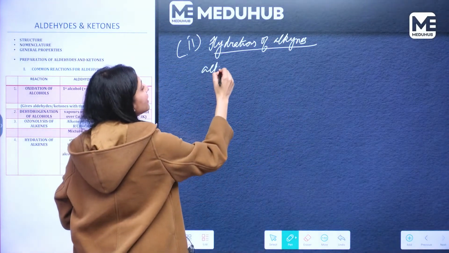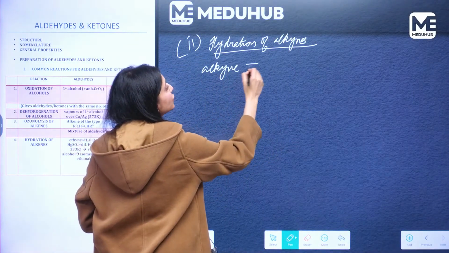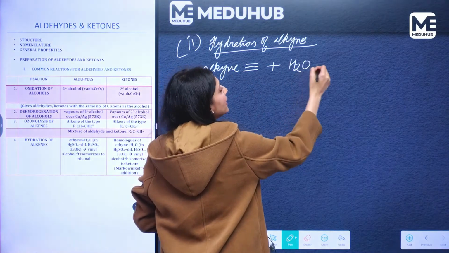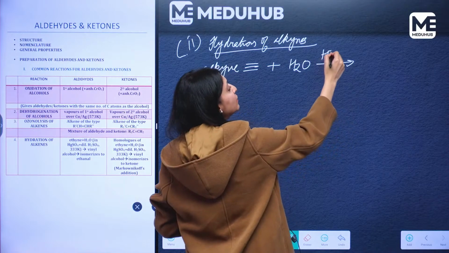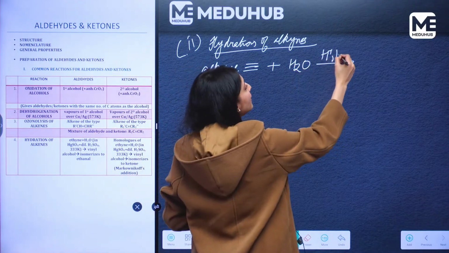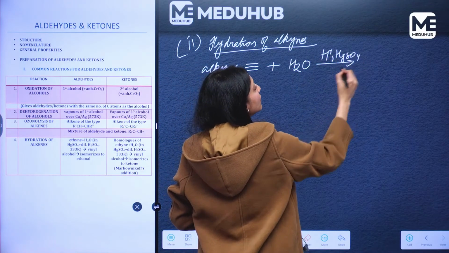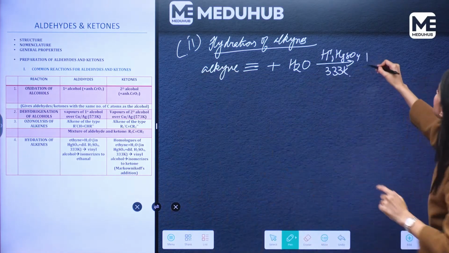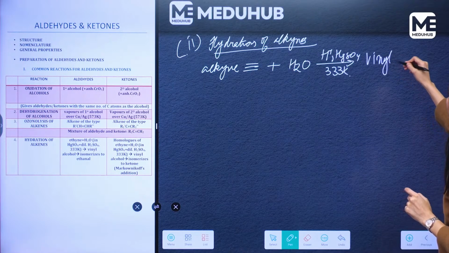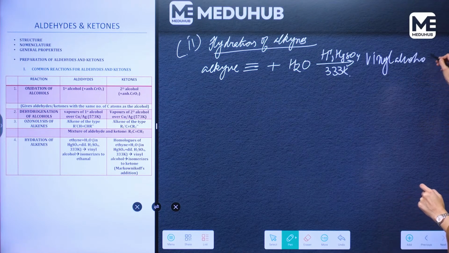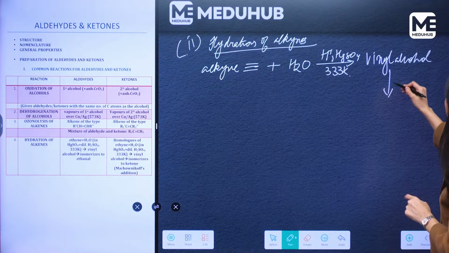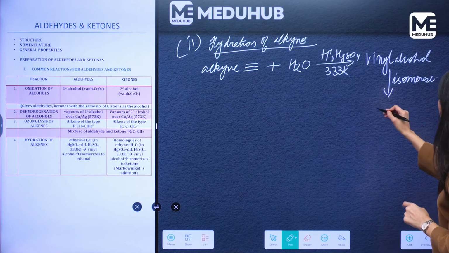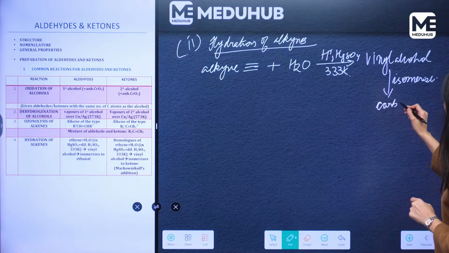If you have an alkyne which has a triple bond, water will add on to it in the presence of hot dilute sulfuric acid and HgSO4 at this temperature to first give us a vinyl alcohol, which will isomerize to give us the carbonyl compound.